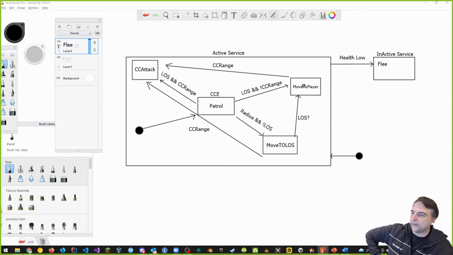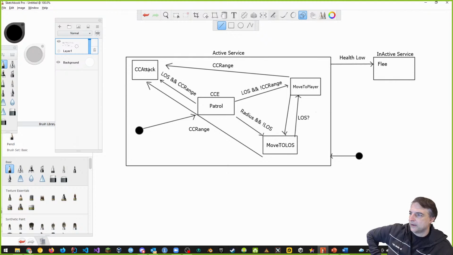What if I lose line of sight, though? That's also something that can happen. That's one transition that is lost. If I lose line of sight, then I want to move to line of sight, because what if the player keeps moving away? So I can put that in there as well. If I don't have line of sight, I can go back. Once I'm in the sensing radius, chances are I'm not going to be outside of the sensing radius. But what about here?